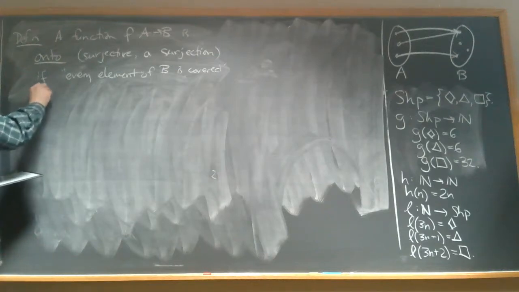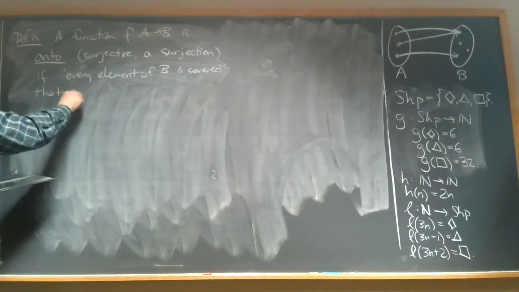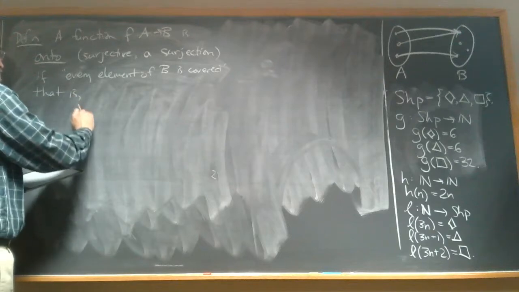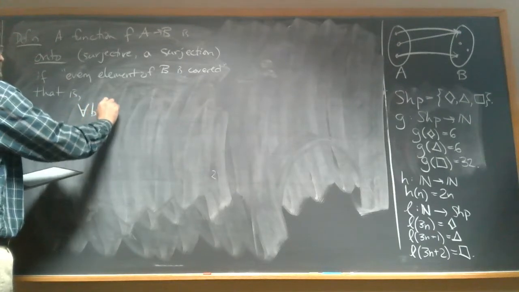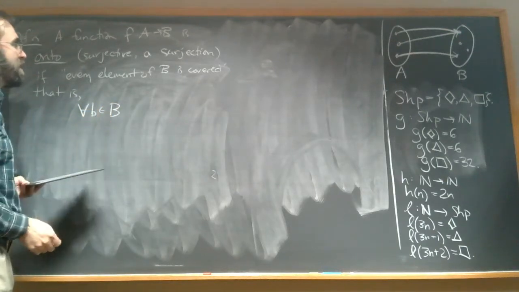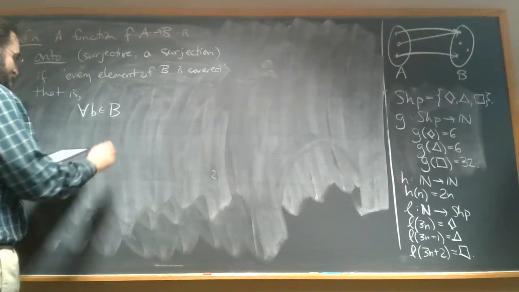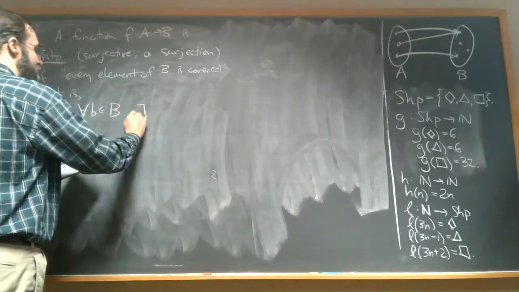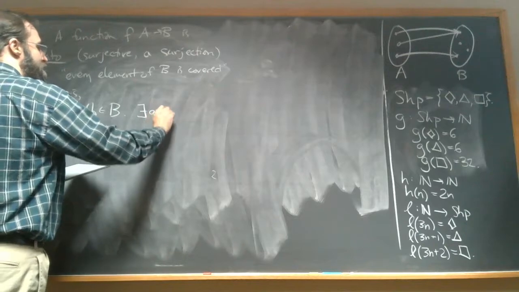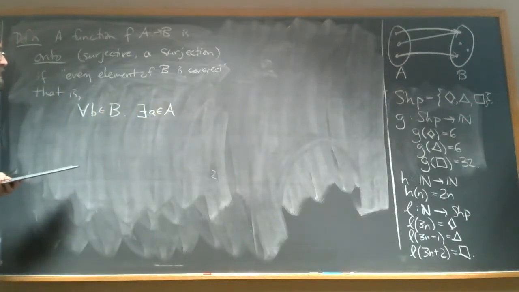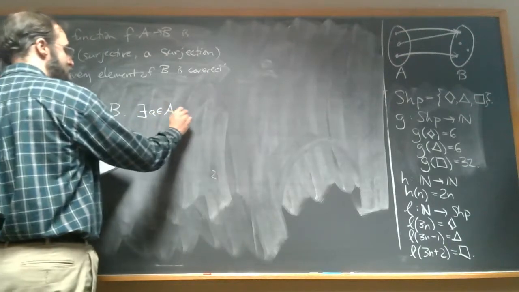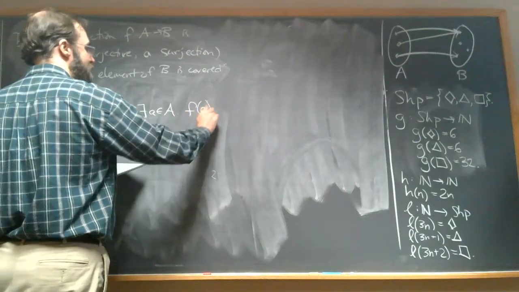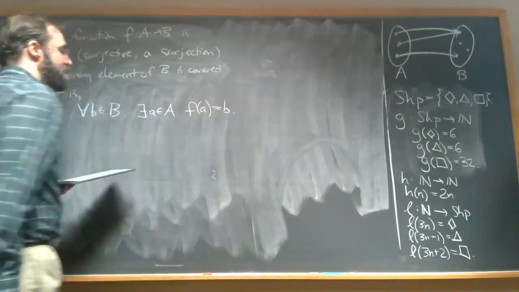That is, we could say for all b in our set B, the codomain, there exists some element a of the domain such that f(a) equals b, right?